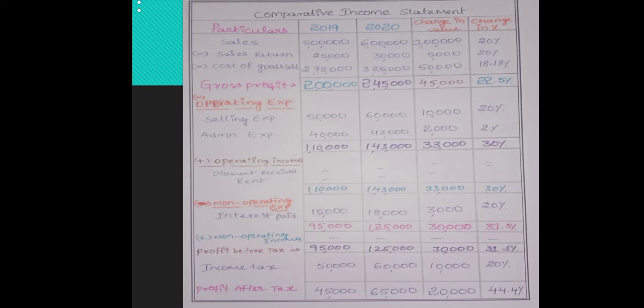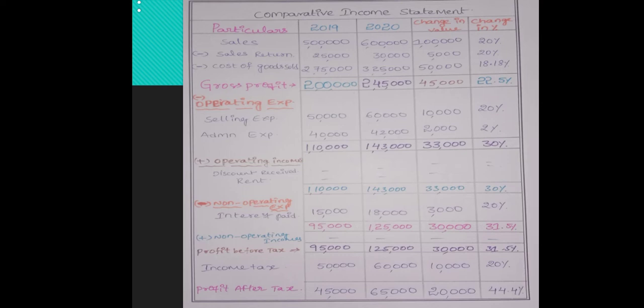Next, operating expenses are deducted, and operating incomes are added, then we get total operating income. Next, non-operating expenses are deducted, and non-operating incomes will be added. So then we get profit before tax.